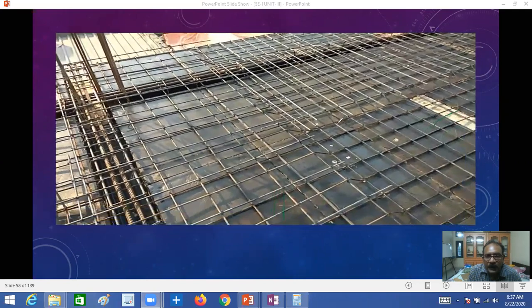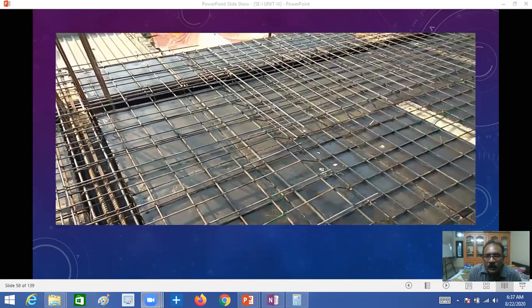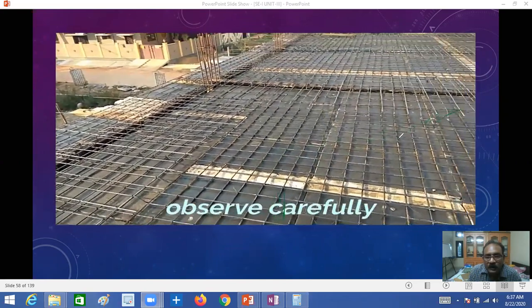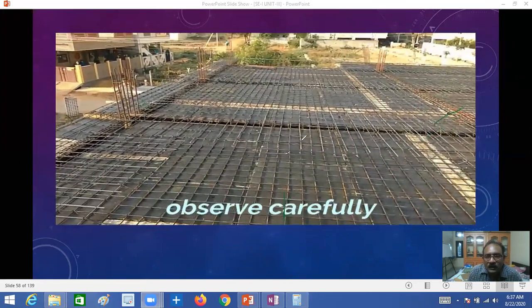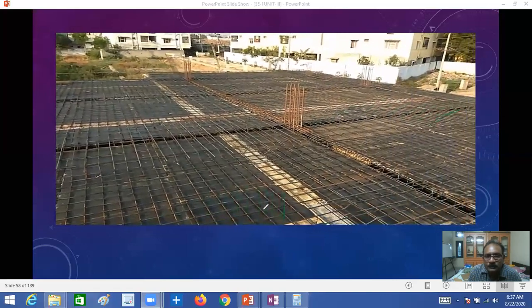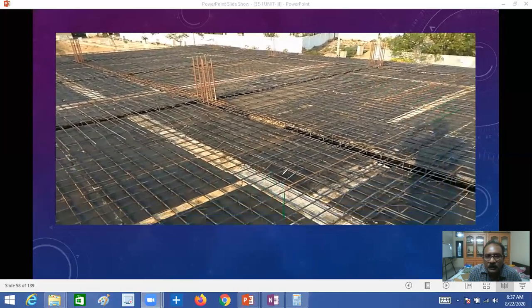Two-way slab. See bending like this, from here and this side also. If you observe this carefully, these are two-way slabs.